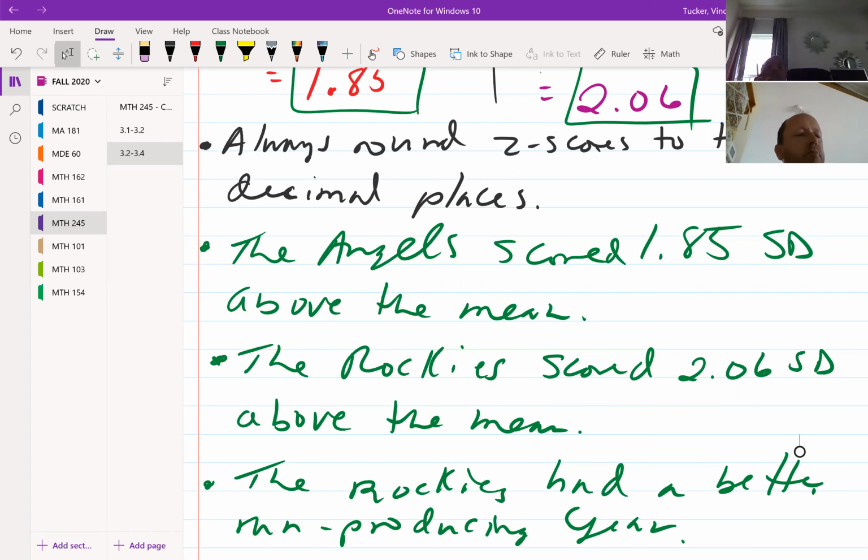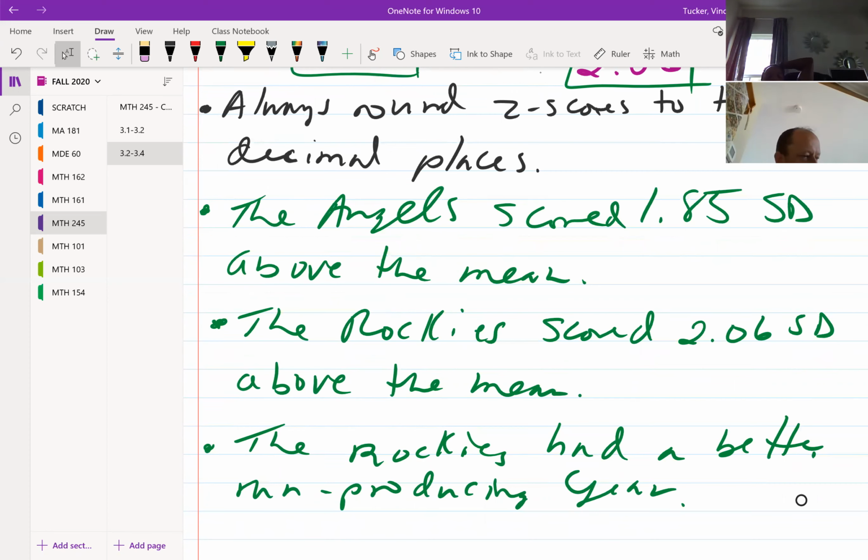Looking at our results, the Angels scored 1.85 standard deviations above the mean. If our z-score ended up being negative, that means they scored that many standard deviations below the mean. So above and below does matter. The Rockies scored 2.06 standard deviations above the mean. So that means the Rockies had a better run producing year. And so that's how you would use your z-scores.